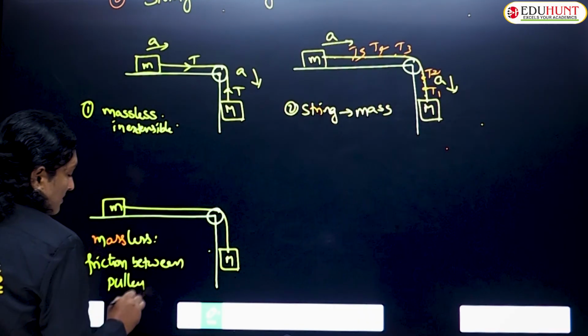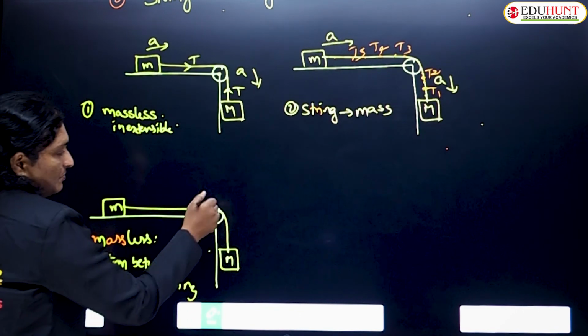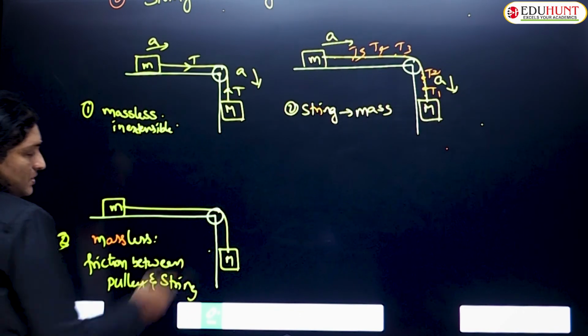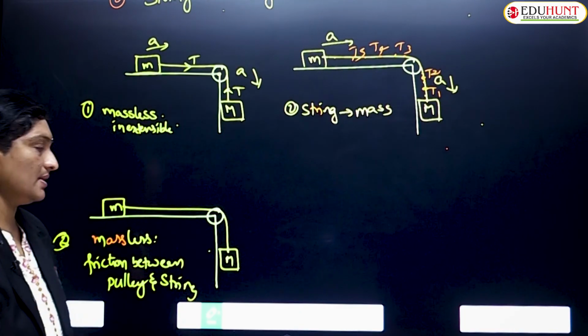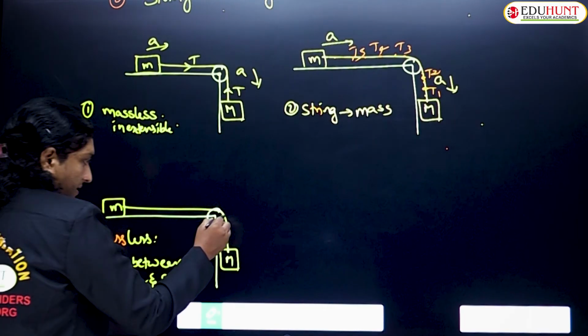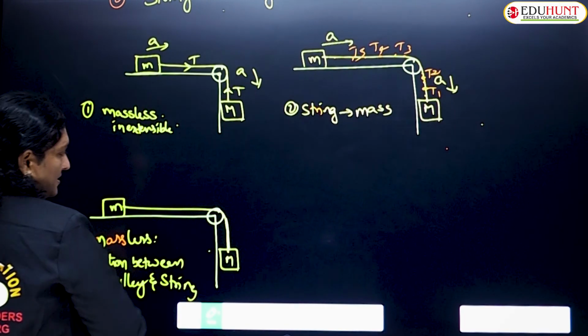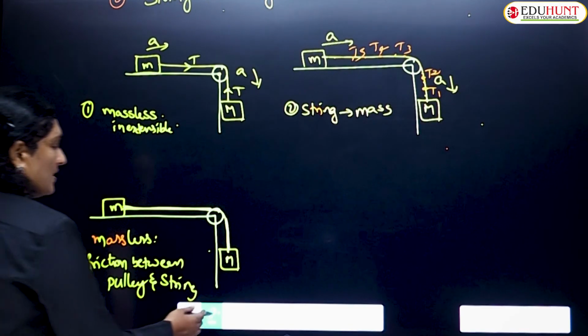So in that case, you need to understand that the tension in one part of the string will be different from the tension in the other part of the string.